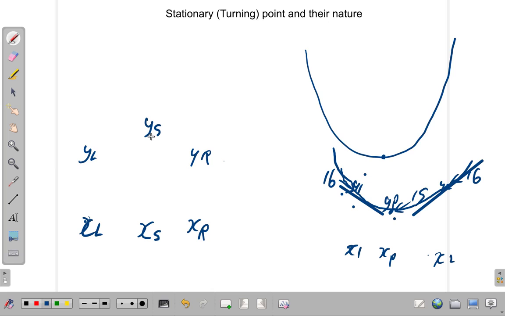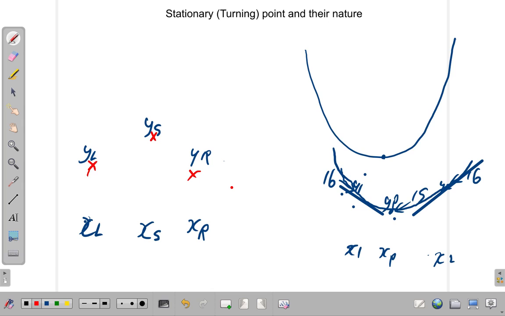It means if you should plot the points, you get this point for ys, y at the stationary point, you get this point to the left. This is the value of y on the left and the value of y on the right.